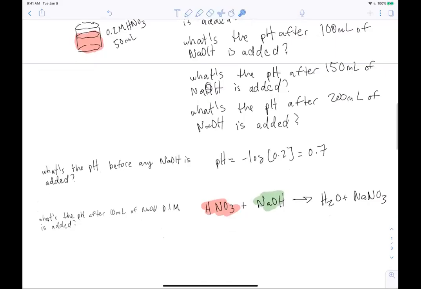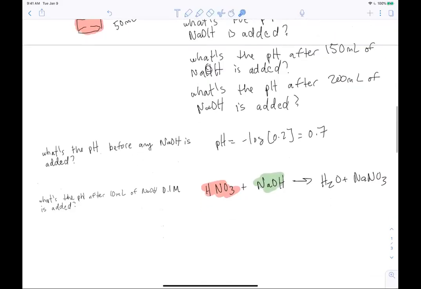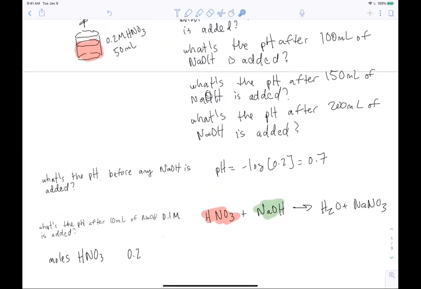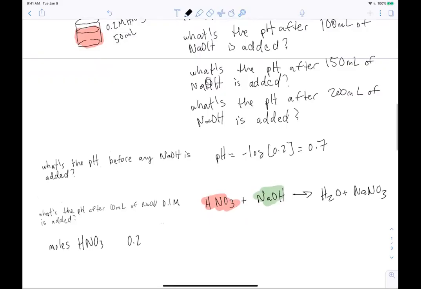So to calculate the number of moles of nitric acid that we have, we just take the concentration of nitric acid, which is 0.2 molar. I'm just getting that from up here. And I want to multiply that times the volume that we have there. It's 50 milliliters, but because this is in liters, I want to do a conversion there.